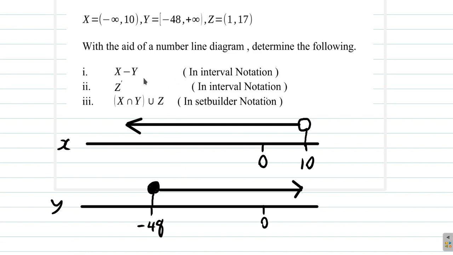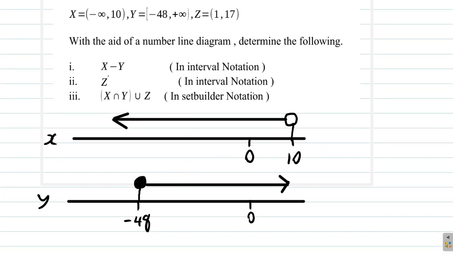Now, x minus y means what is in x but not in y. So you're going to remove what y is. It must be in x but not be in y. What are the numbers in x but not y? If you line this up, y also includes negative 48.